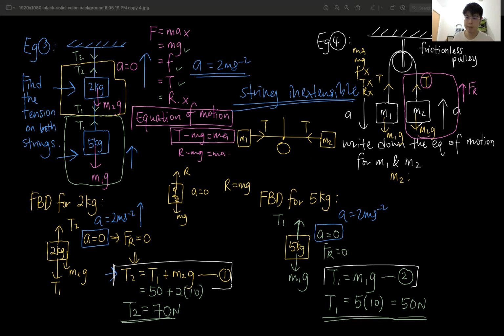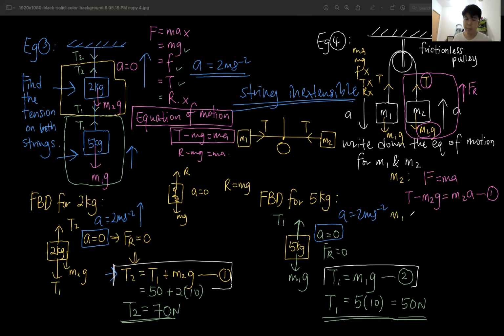Tension is bigger than M2G. So F equals MA, the resultant force is T minus M2G equals M2A. That is your equation of motion for the first mass, M2.